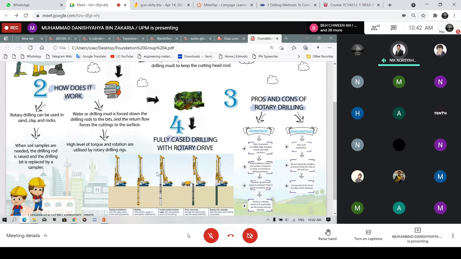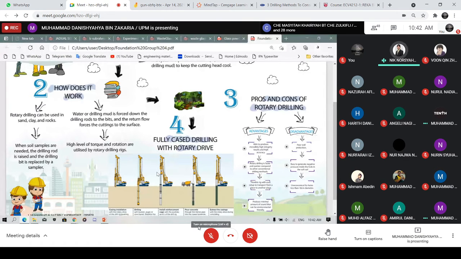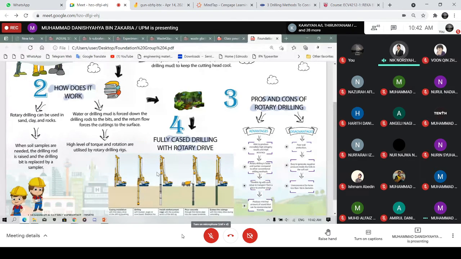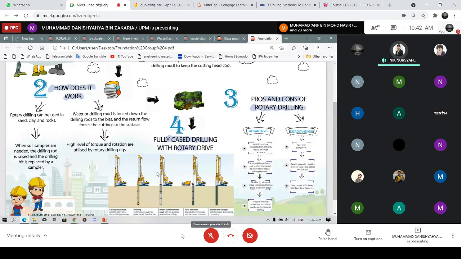For all of you, we are talking about the boring part, which is the process to get the sample, or to get a view of what is underneath. It doesn't matter whether it is a deep foundation or a shallow foundation; we want to make sure we have all the data needed for any type of foundation. That's why we call it exploratory, and we explore using these different methods.